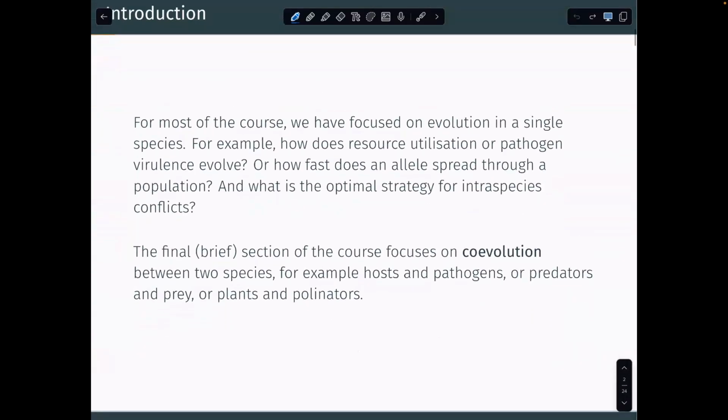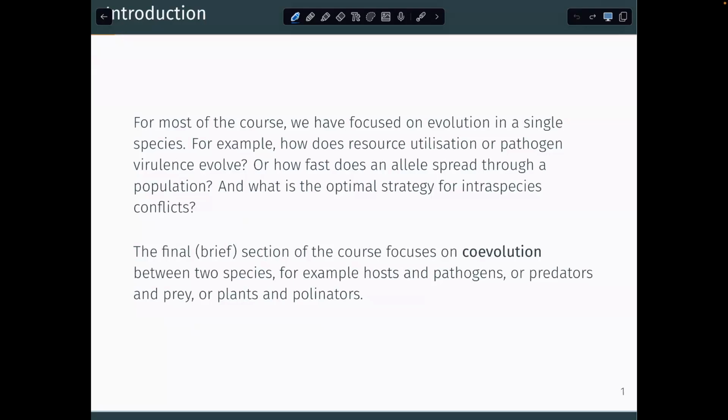Okay, so coevolution. For the last however many weeks, think back to how young you felt, I don't know, 3 months ago, the beginning of May, when we started, way back. Since then, we've been focused on the evolution of a single trait or a single allele, or at least a single genetic locus or a single species.